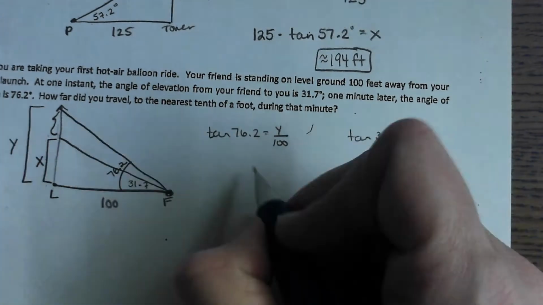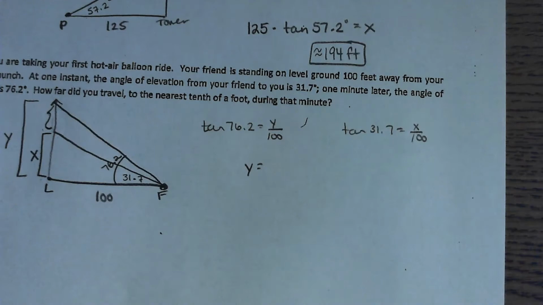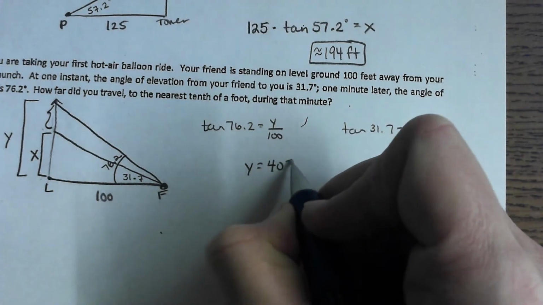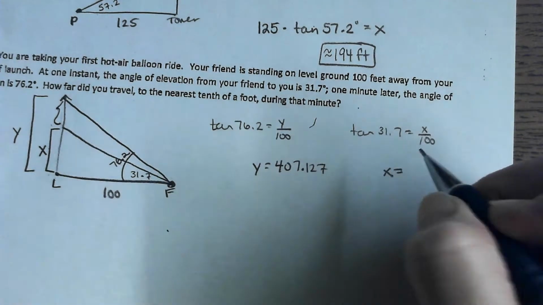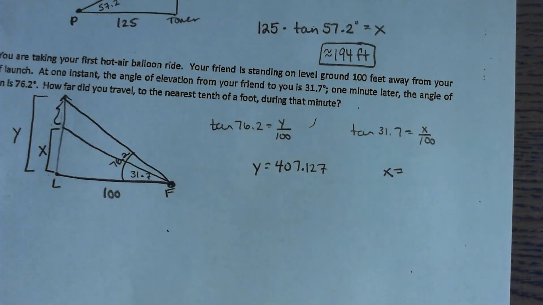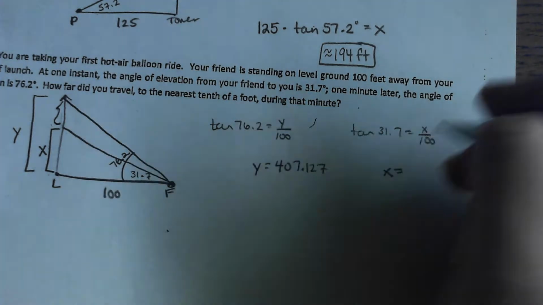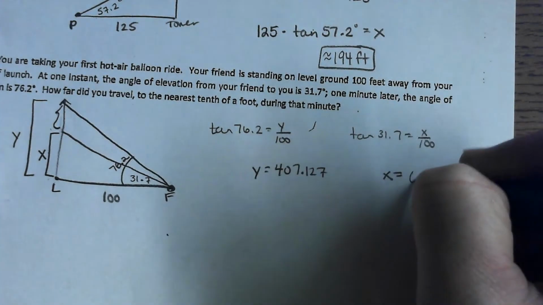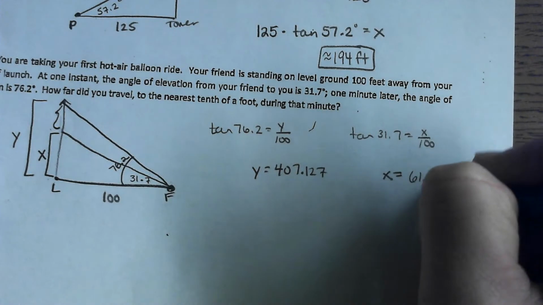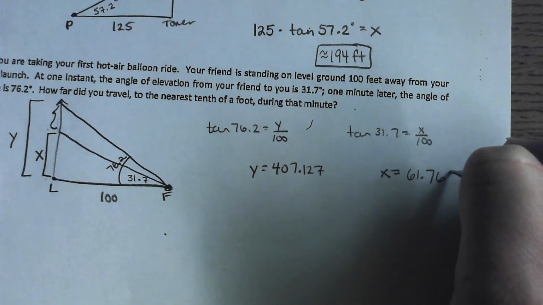Find each of those. So y equals 100 times the tangent of 76.2, which is 407.127. x is 100 times the tangent of 31.7, which is 61.76. That seems like a lot.